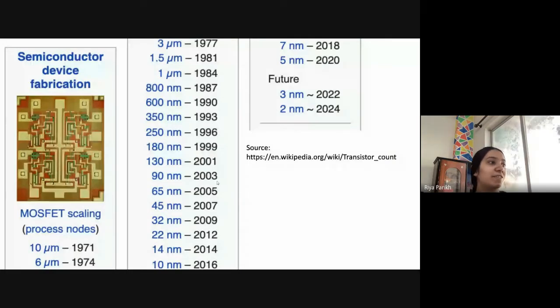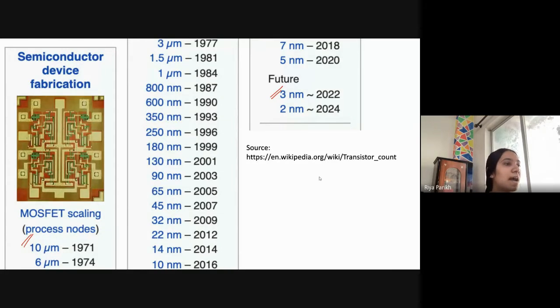This is the history of the transistor size that we scaled down to. As you can see, we started with 100 picometer to 3 nanometer in 2022.